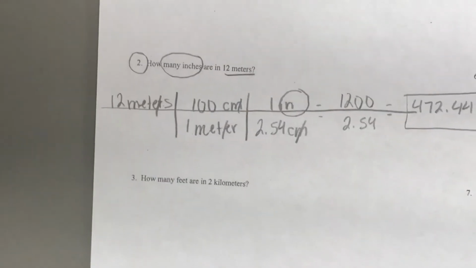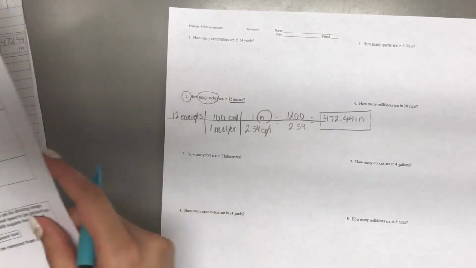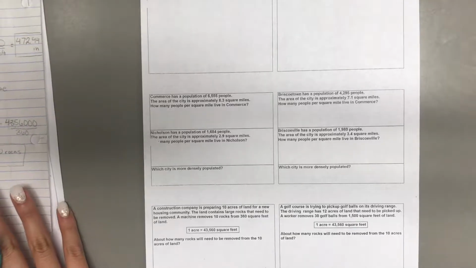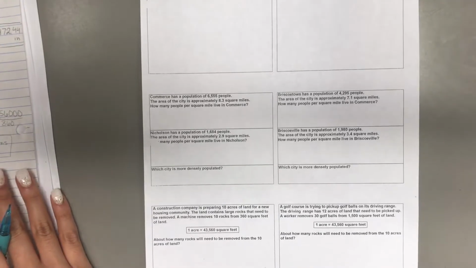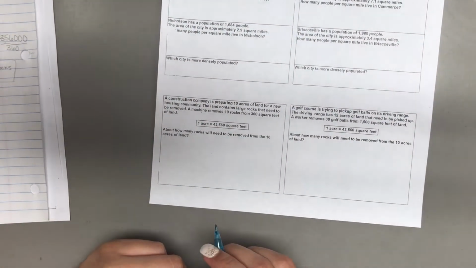Okay, so now the next problem, I'm going to use the same method, but it's converting rocks to acres, or acres to rocks. In this problem, we are trying to figure out how many rocks will need to be removed from 10 acres of land. So this problem says a construction company is preparing 10 acres.